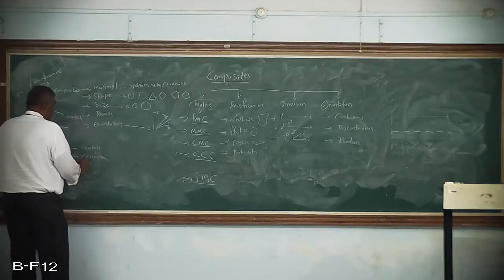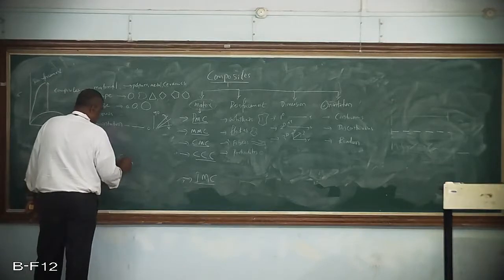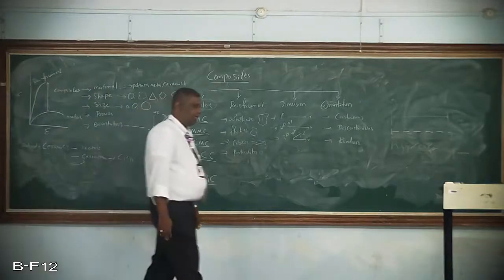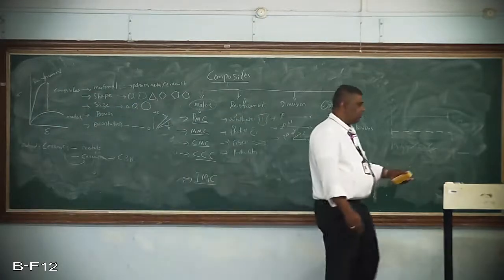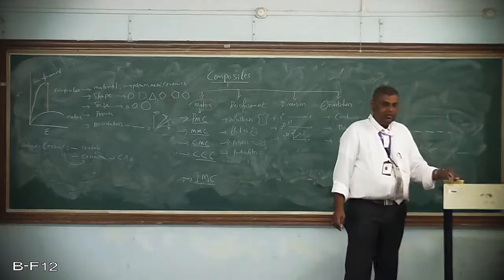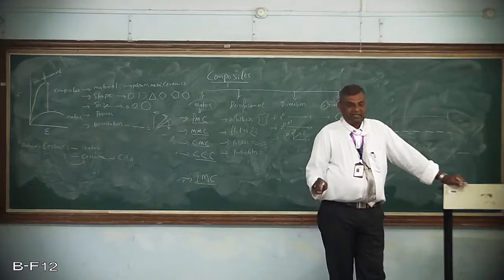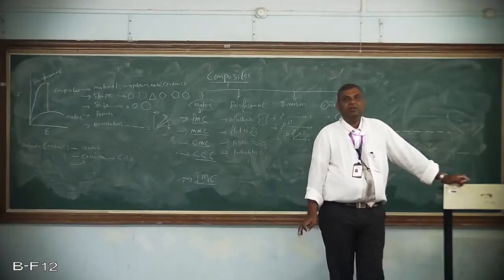The example of a ceramic is CBN, that is cubic boron nitride. Here boron and nitride are mixed and used as a tool. This tool is the second hardest material in nature.